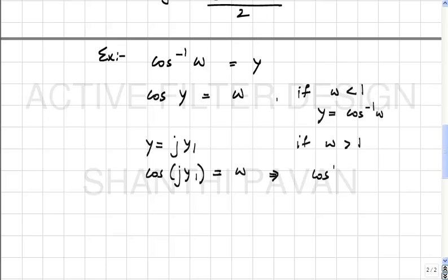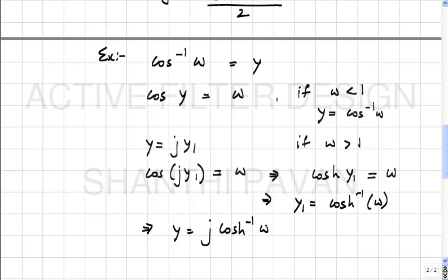It is cos hyperbolic y1. This must be equal to omega, correct? Which means y1 is cos hyperbolic inverse of omega, which means y is j cos hyperbolic inverse. Does this make sense? Okay.